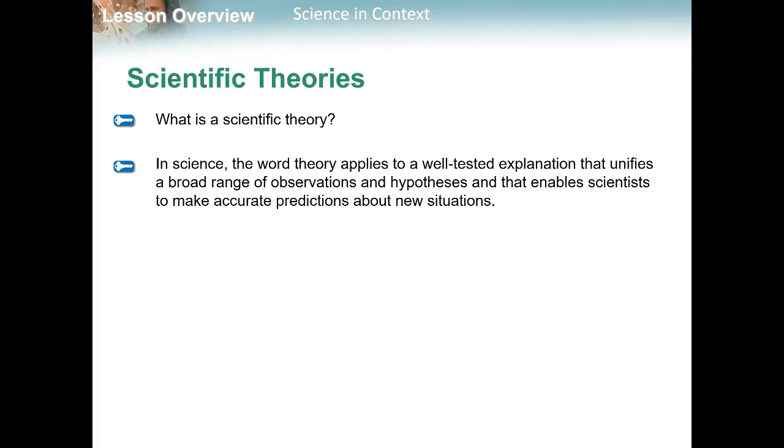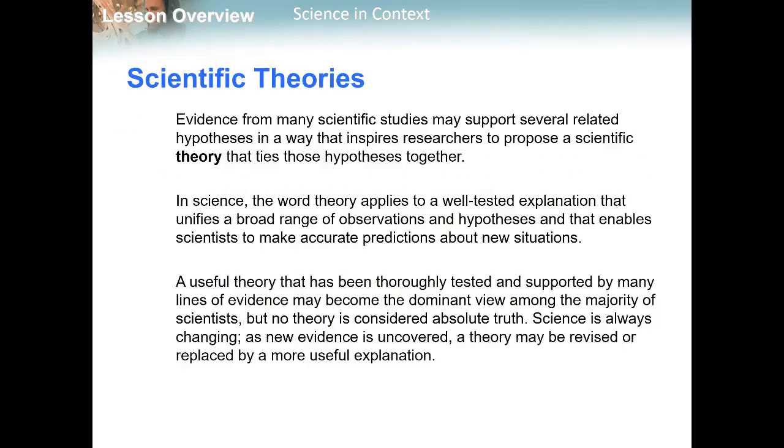So we add to this scientific theories. A well-tested hypothesis that has been tested over the years becomes known as a theory, and these theories can tie other hypotheses together.